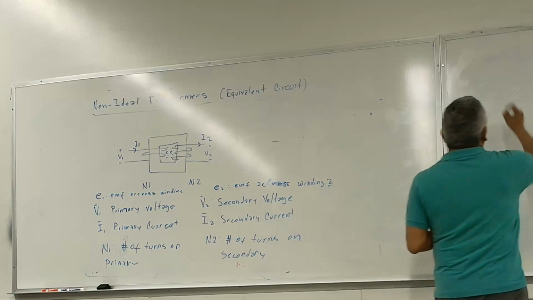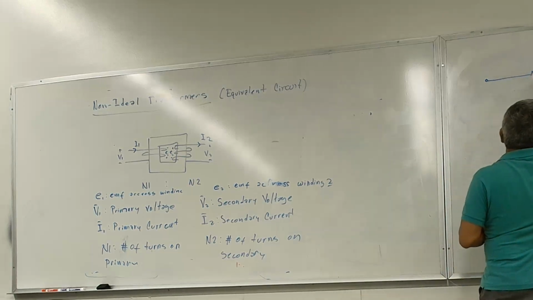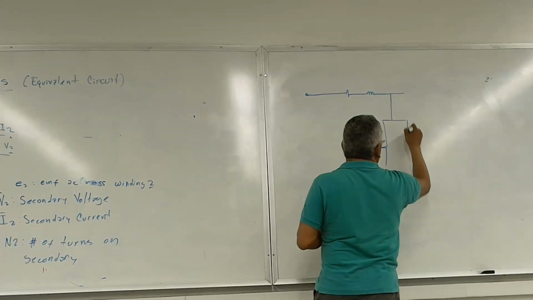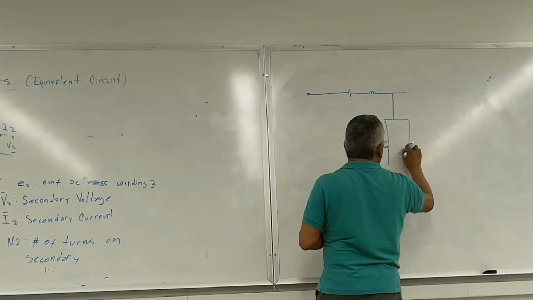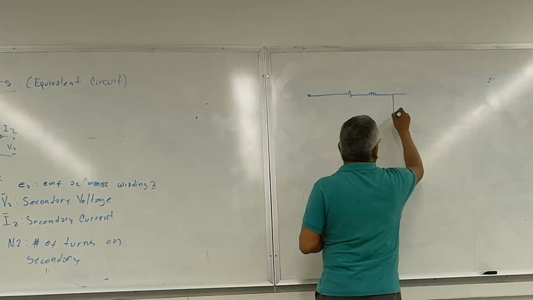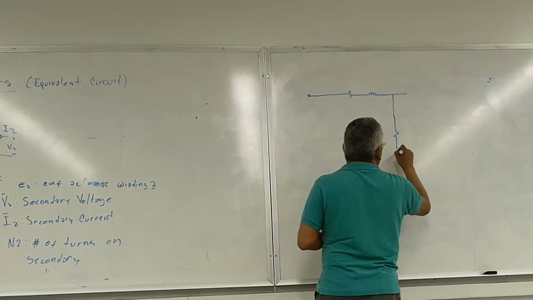Now, the difference between the ideal transformer and a non-ideal transformer is the following. I'll put it as a series, and I'll put it as part of the branch later.